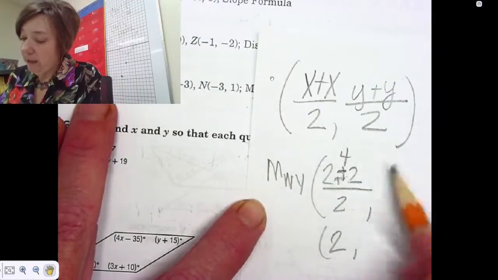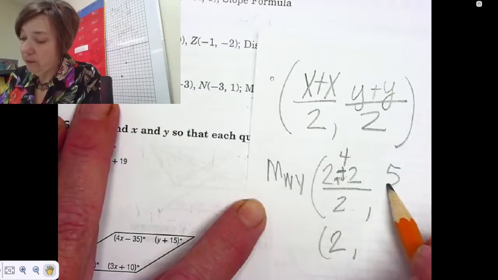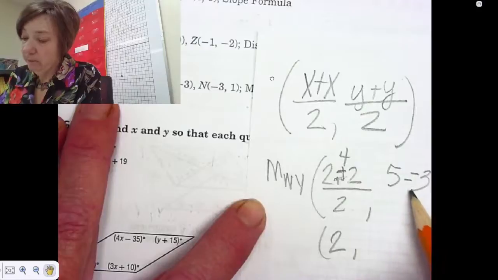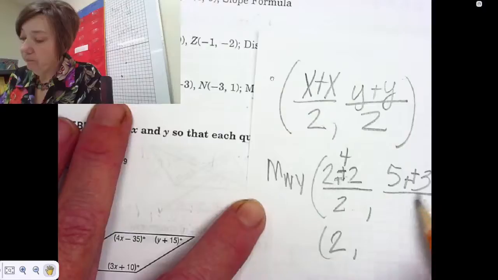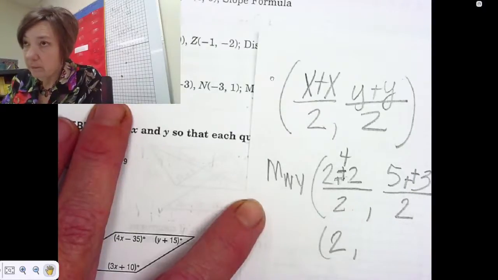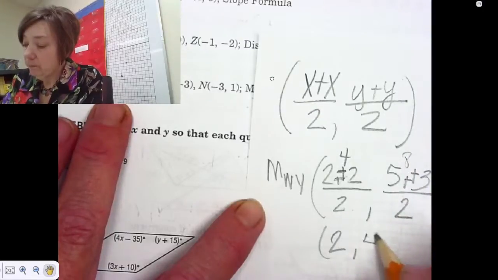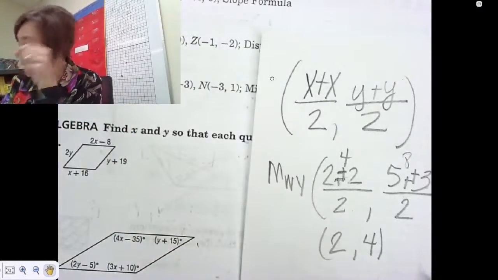And then for the y values, we're going to have 5 minus negative 3. Right? What is 5 minus negative 3? 8. What's 8 divided by 2? 4. That's not right. What did I do wrong?